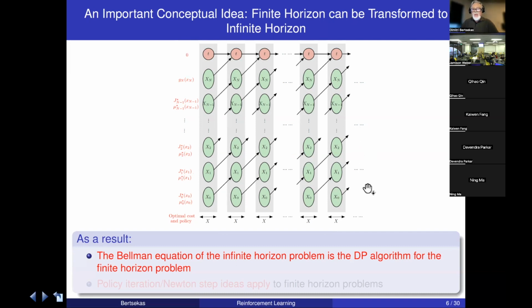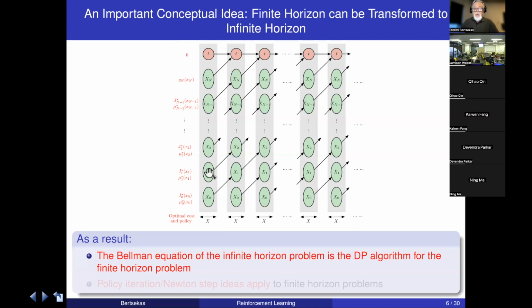Now if you eyeball this figure, let's look at the optimal cost function of the infinite horizon problem. It gives you a value for every one of these states here, and so on. And it's very easy to see that the optimal cost of the infinite horizon problem, starting from these states here, is the same as the optimal cost of the finite horizon problem, starting at X0.